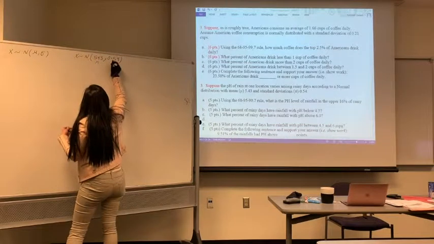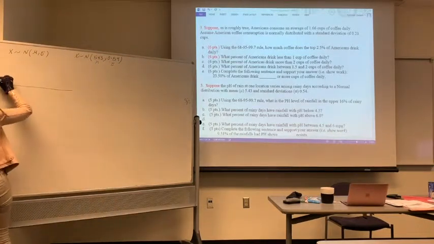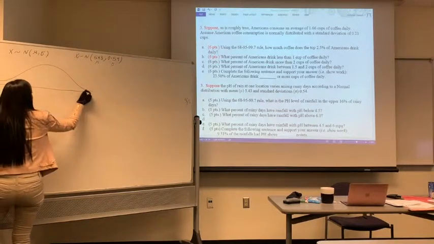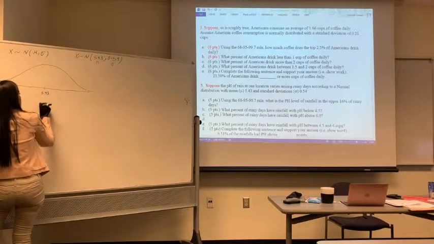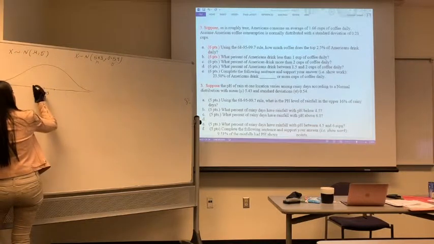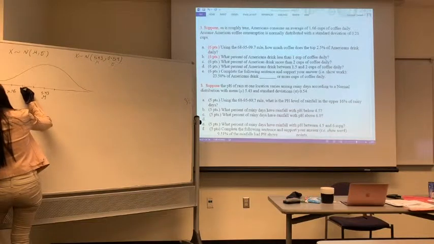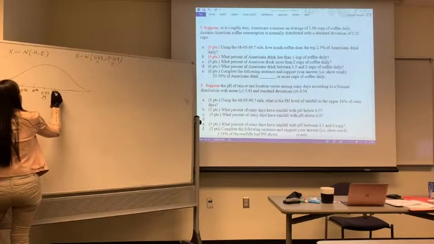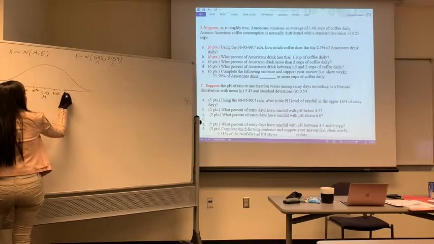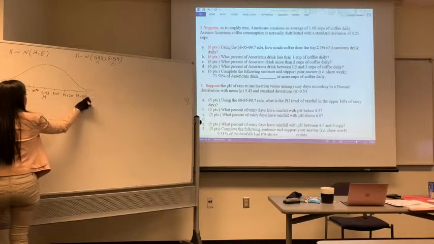This is mu, this is sigma. Okay, so this is a normal distribution. 5.43 is in the middle, correct? Mu minus 3 sigma, mu minus 2 sigma, mu minus 1 sigma, mu plus sigma, mu plus 2 sigma, mu plus 3 sigma, correct?